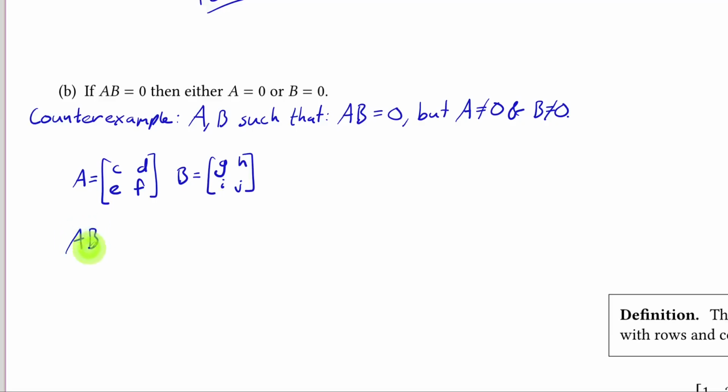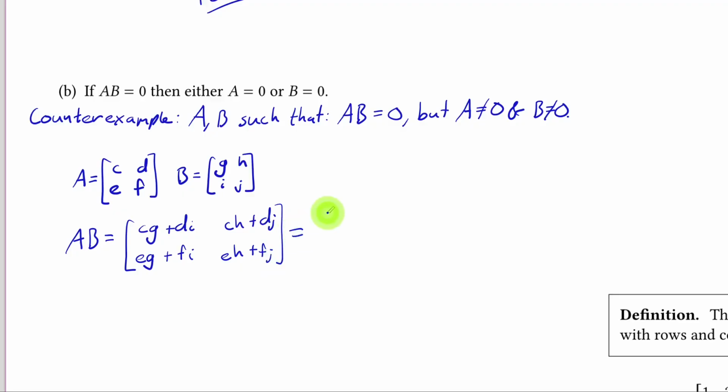So AB, using the row column rule, is going to be CG plus DI, EG plus FI, CH plus DJ, and EH plus FJ. And we want to make all of these equal to 0 without all the numbers being equal to 0.